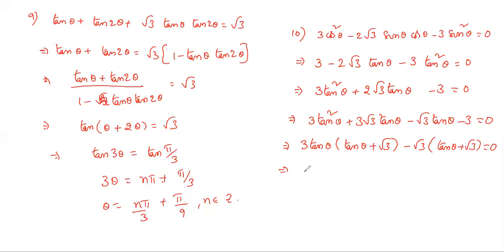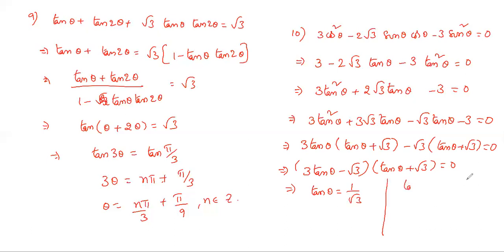So totally we get (3 tan theta minus root 3) into (tan theta plus root 3) equals 0. So we get tan theta values: root 3 by 3 is 1 by root 3, or tan theta equals minus root 3.